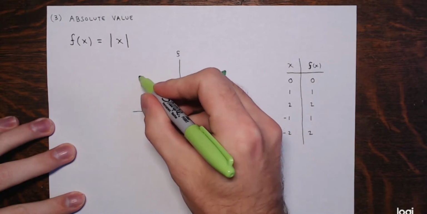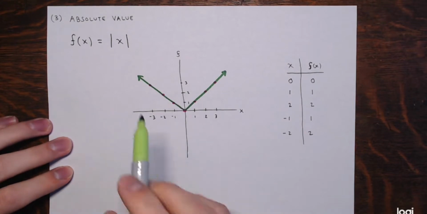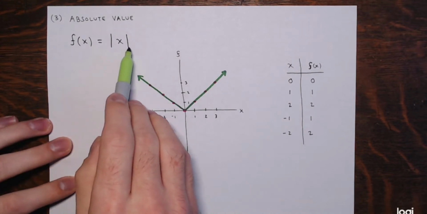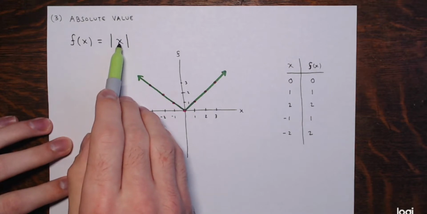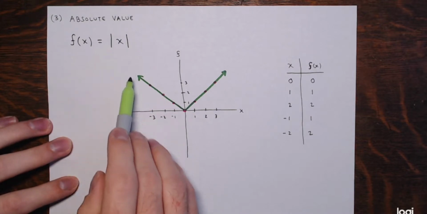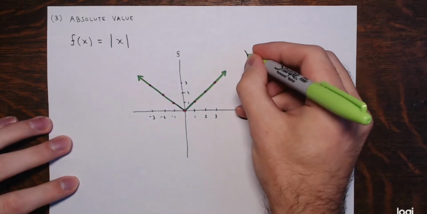And what you're going to see in a later section of this chapter is that the absolute value of a linear expression, with x to the first power, will always have some sort of V shape.